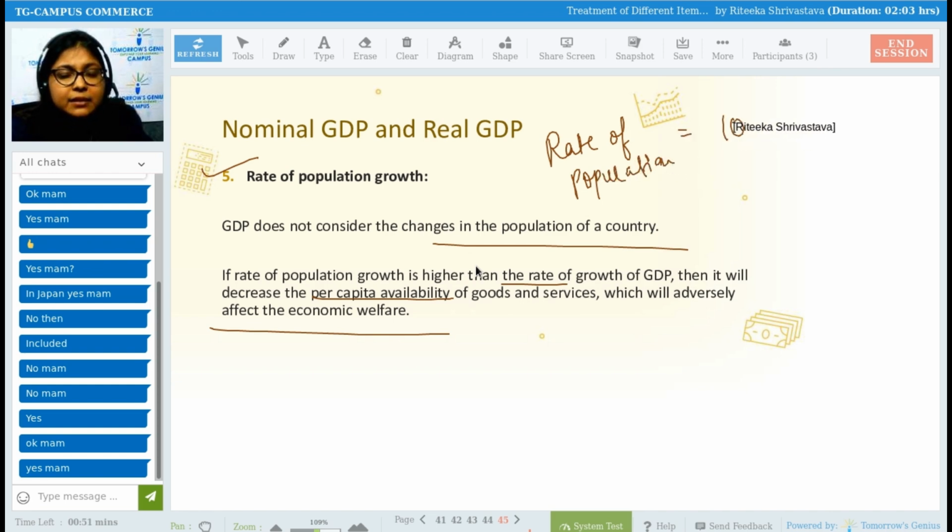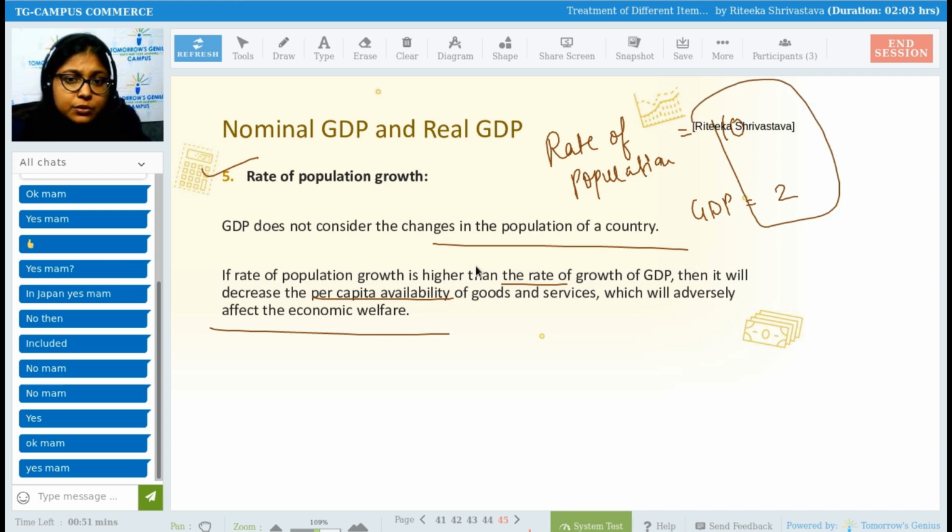Suppose there are 10 people. Hypothetical example, impractical example: the rate of population growth is 10 and the GDP growth is 2. Then just imagine, this will lead to such a big problem in the economy. There are so many individuals living in a pathetic, very bad state.